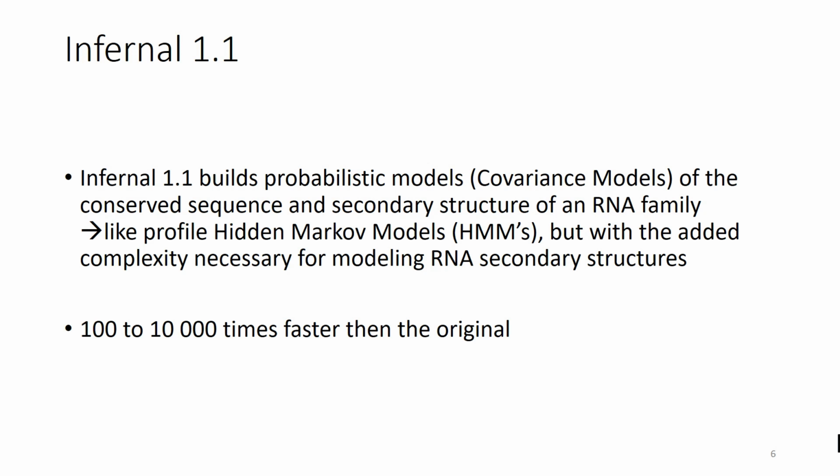It's actually the exact same, but with the added complexity necessary for modeling RNA secondary structures. Using this software compared to the legacy search mode, it makes the search speed go 100 to 10,000 times faster.